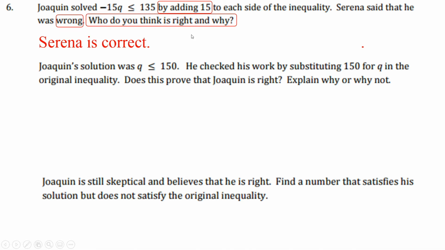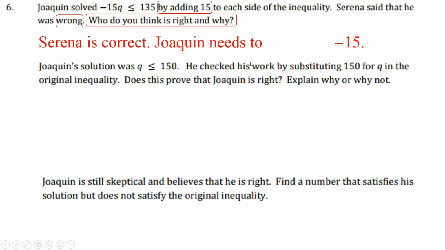Okay, so Joaquin's solution was q is less than or equal to 150. See, he added 15 to the 135. All right, and he checked his work by substituting 150 for q in the original inequality. Okay, so let's do that.